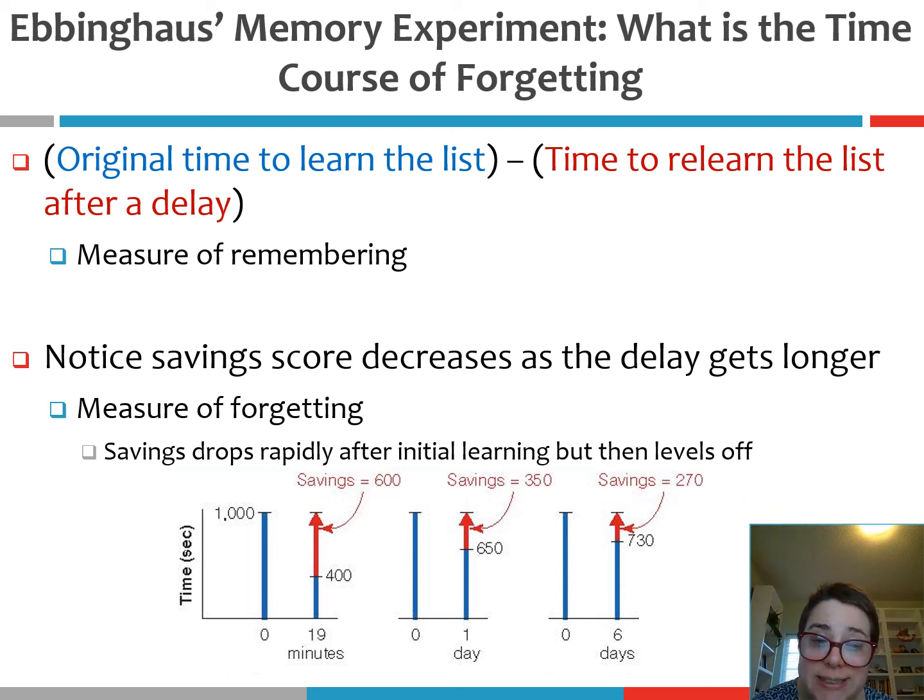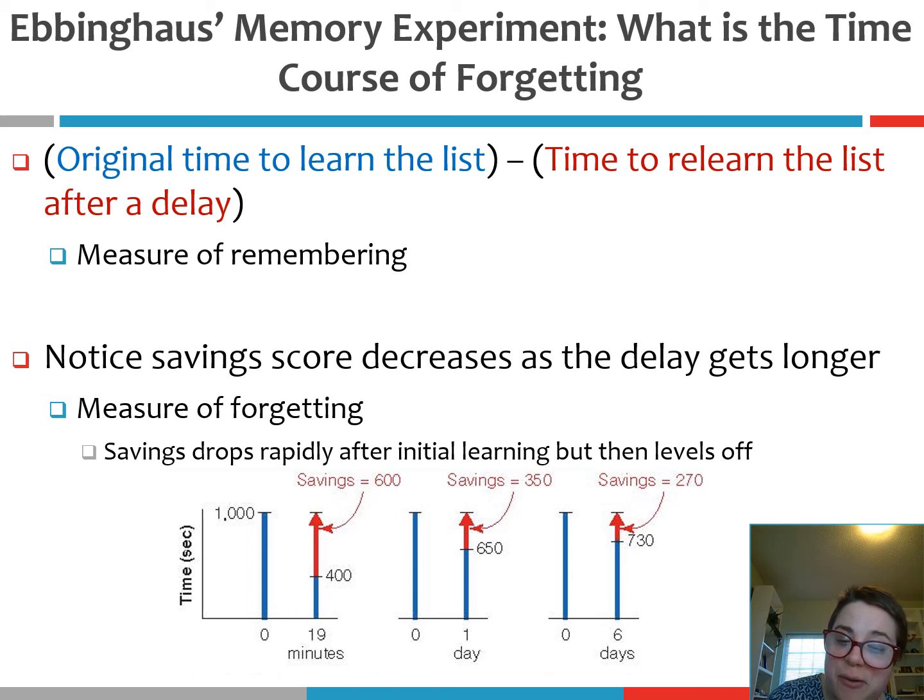But one of the interesting things that Ebbinghaus observed is that there was a rapid loss of savings initially, right? So initially, as the delay increased from 19 minutes to 24 hours, there was almost a 50% drop, right? A drop from 600 to 350, right? But as the delay moved from 1 day to 6 days, that loss slowed down considerably or leveled off, right?